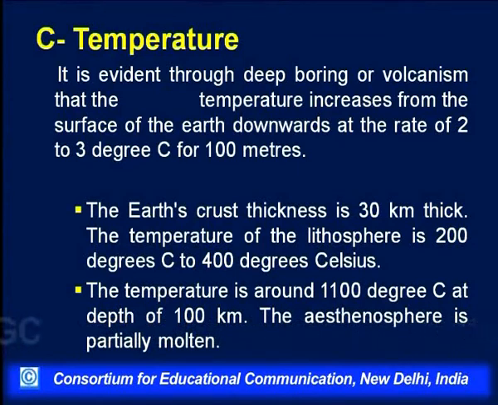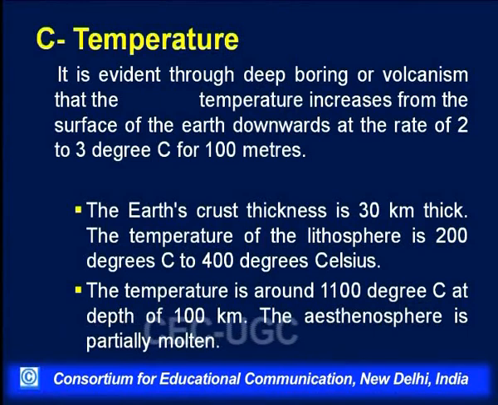Now, when we talk about the earth's crust, it is understood as approximately 30 kilometers thick, though the thickness differs under the oceanic surfaces and under the continental surfaces. Under the oceanic surfaces it is thinner, whereas under the continental surfaces it is much thicker.